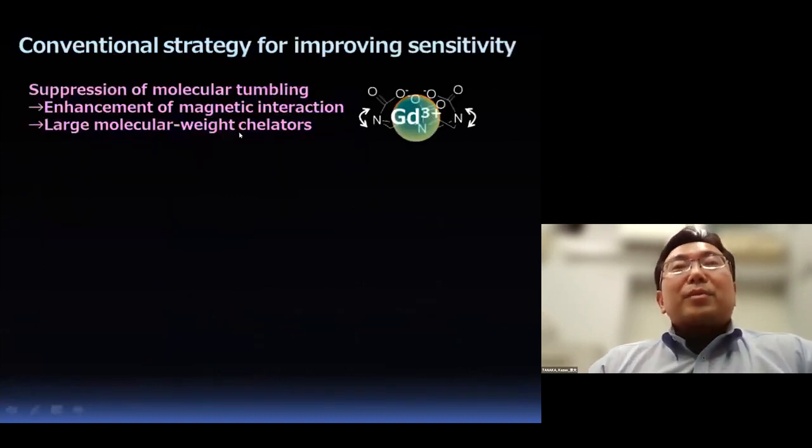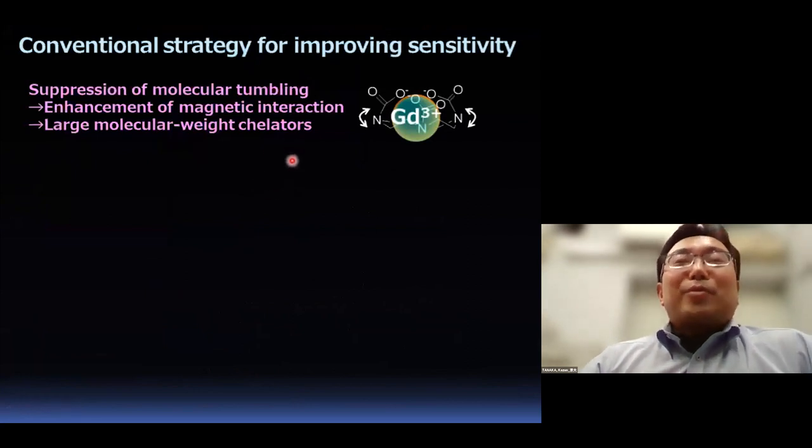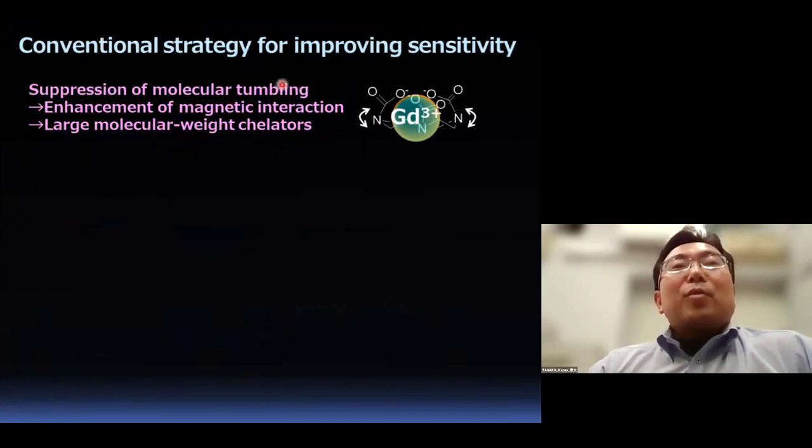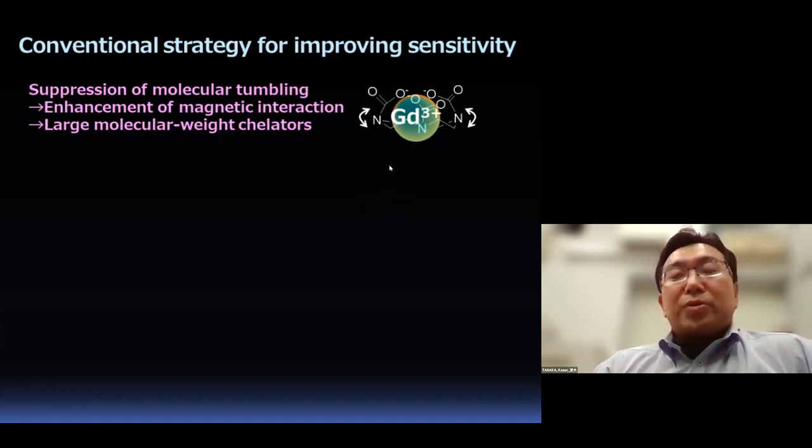This is the basic concept for improving the sensitivity of gadolinium ion type MRI contrast agents. By suppressing the molecular motion, magnetic interaction should be enhanced. As a result, we can obtain a clear color. And for realizing higher sensitivity, generally larger molecular weight chelators should be used.